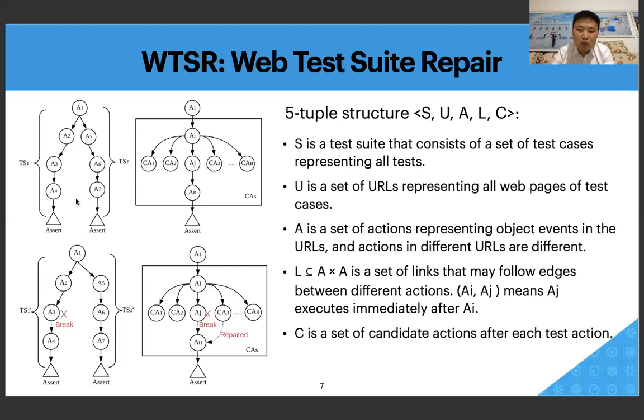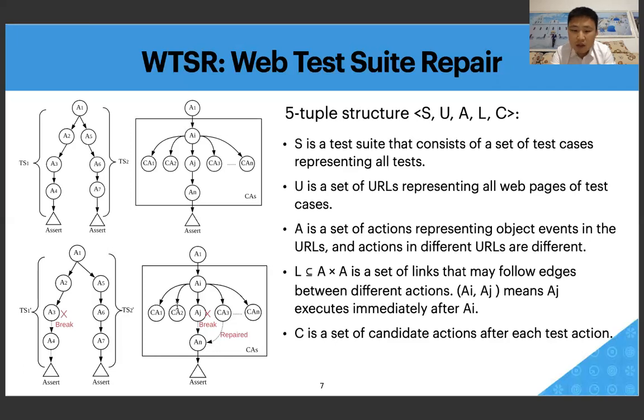After generating the different models, we then compare them to repair the broken test cases. It first compares the test cases to find the broken actions and broken test cases.